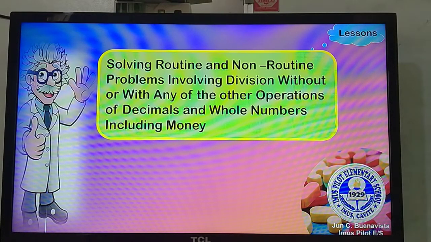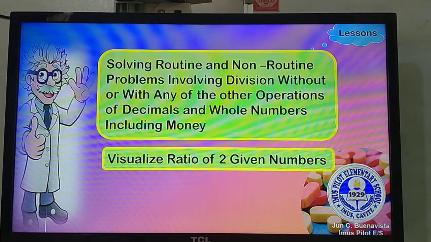If we are talking about decimals, money is included because our currency, the peso, has 2 decimal places. That is why in dividing decimals, money is included. And the second topic that we are going to learn this week is all about visualizing the ratio of 2 given numbers.